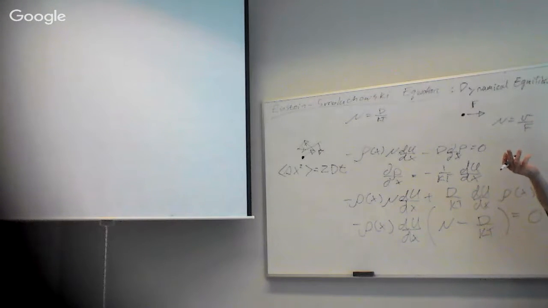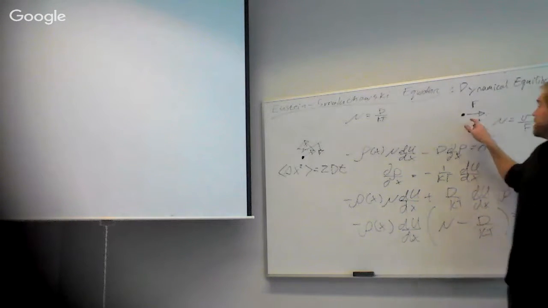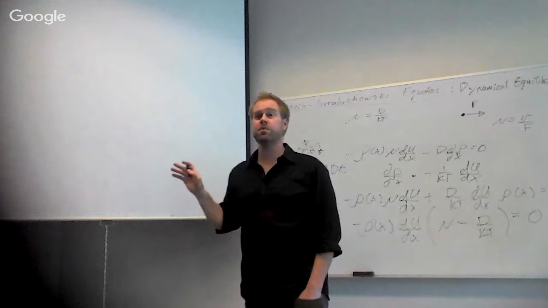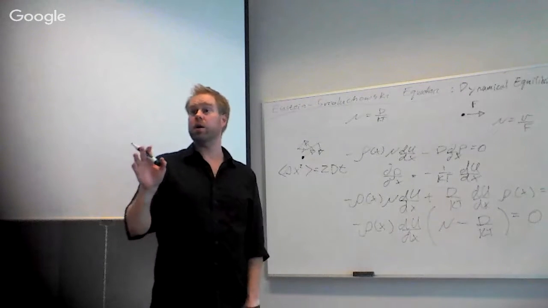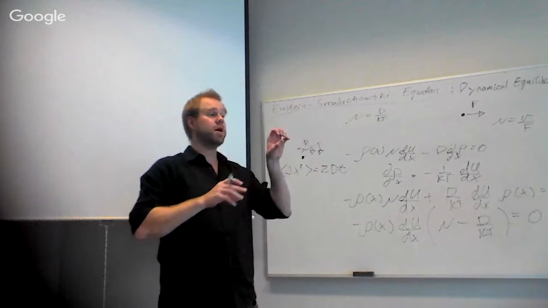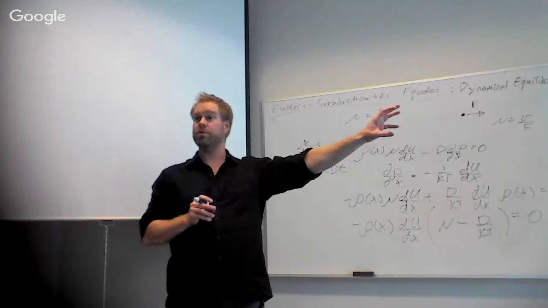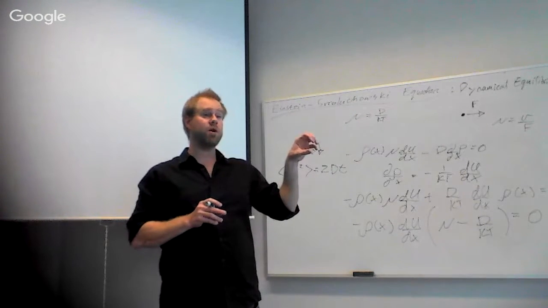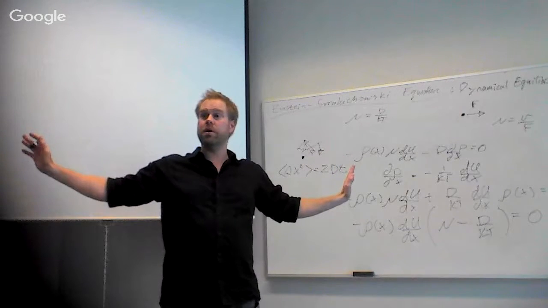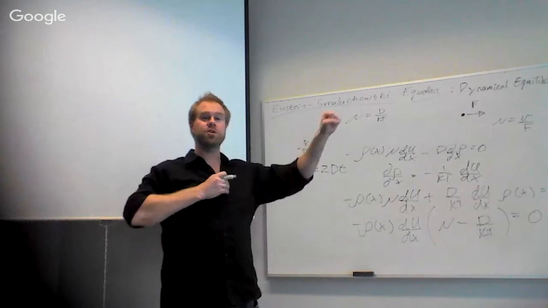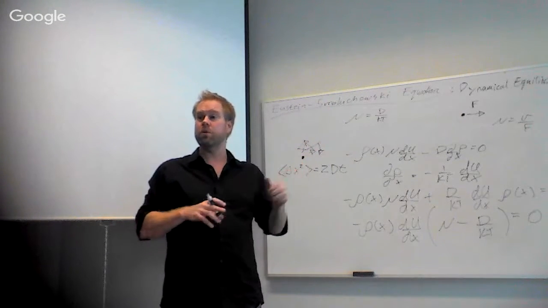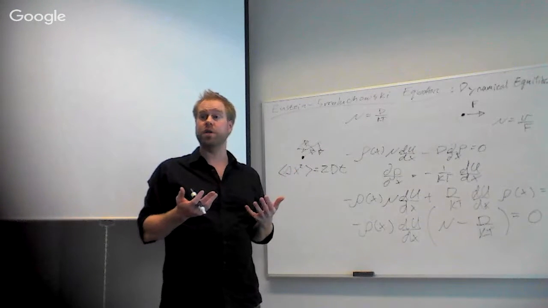So what Einstein-Smoluchowski tells us is that these two different behaviors are intimately connected. In one case, we're talking about applying an external field to a particle and driving it through the system. In the other one, we just have a particle there, no external field. And it's jumping around due to interaction with other particles. We can characterize that by a diffusion coefficient.